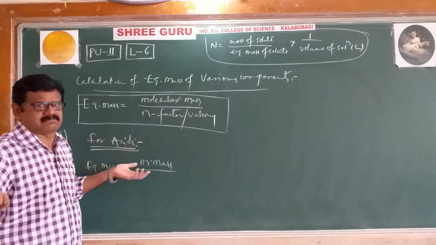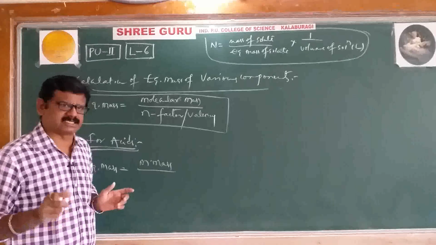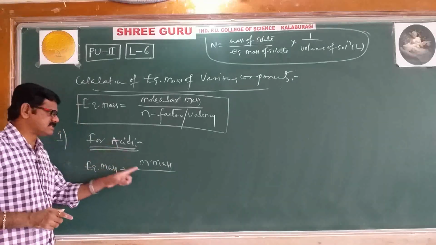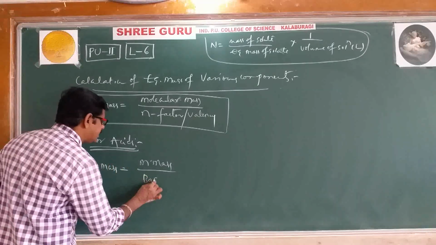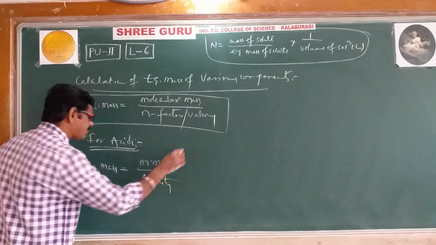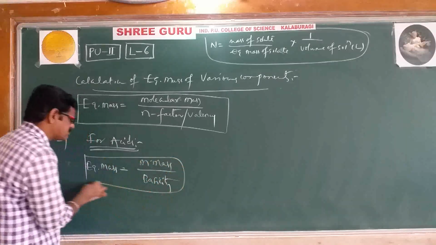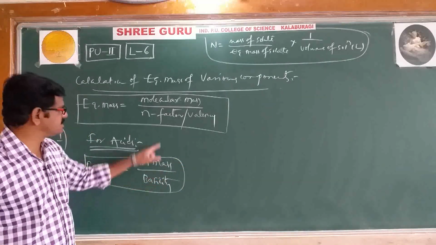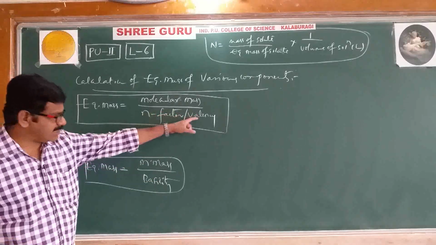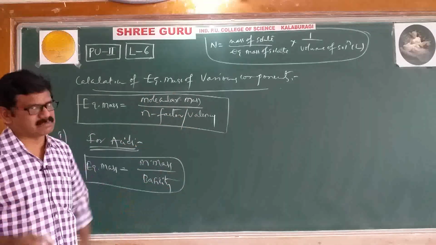N factor is a general term we can use for all components, but specifically for acids we use the term basicity. Basicity, n factor, valency, all are the same only.